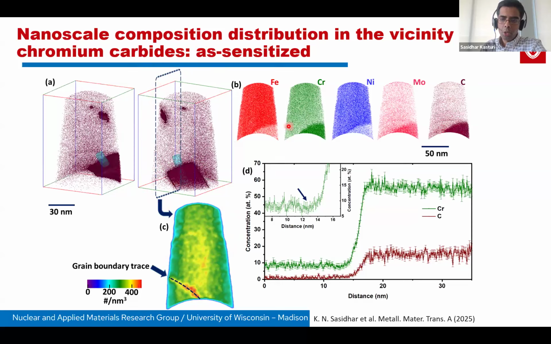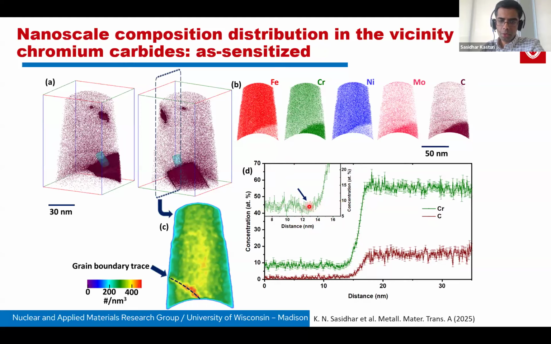And this shows an overview of the elemental distributions, the important ones at least here. So what is important to be seen is the composition distribution between the carbide and the matrix. If you look at the chromium profile, zoomed in here in this inset, in the austenitic matrix very close to the carbide, the chromium content goes below 10%.